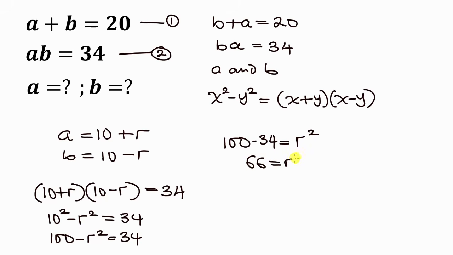This is equal to r squared. And when I take the square root of both sides, this will be plus or minus the square root of 66 equal to the square root of r squared. Now see that this square root and the square cancel, leaving r to be equal to plus or minus the square root of 66.